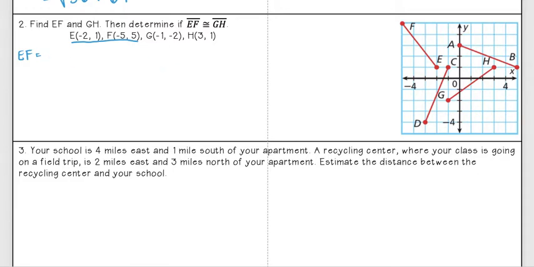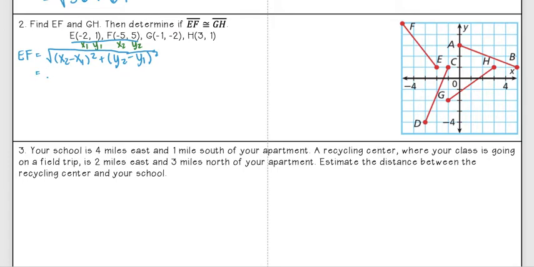First step, I'm going to label my points: x1, y1, x2, y2. Then I'm going to write my distance formula: (x2 minus x1) squared plus (y2 minus y1) squared.